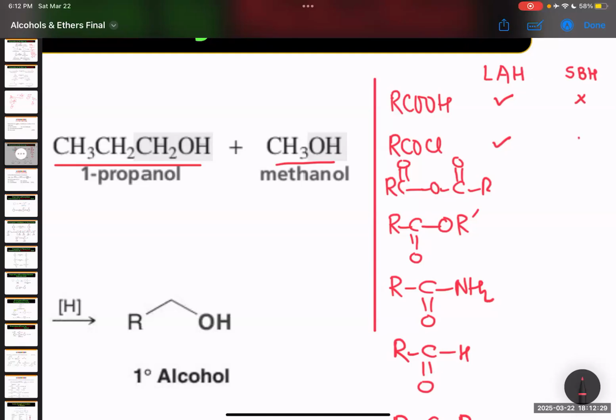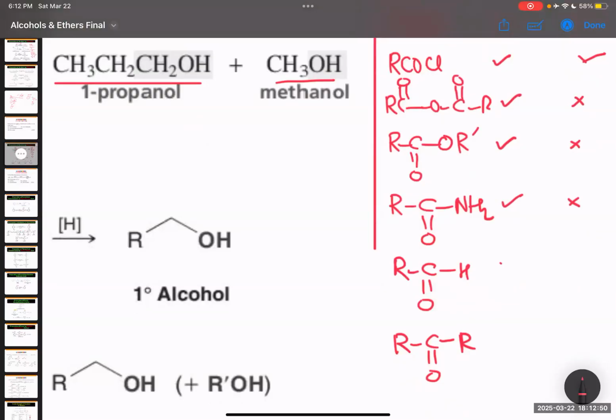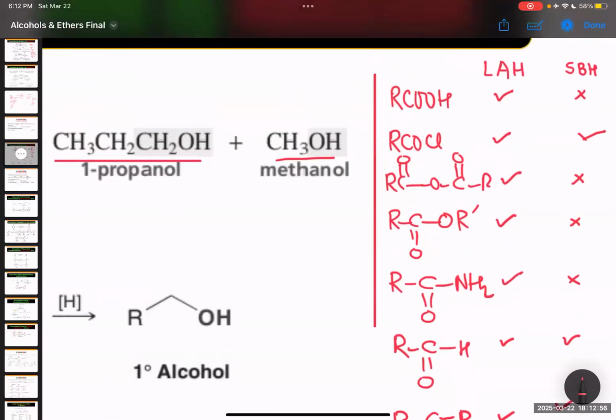SBH can reduce RCOCl because it is most reactive among all. LAH can reduce this. SBH cannot reduce this. LAH can reduce this. Sodium borohydride cannot reduce this. Aldehydes can be reduced by both. Ketones can be reduced by both. Got it?